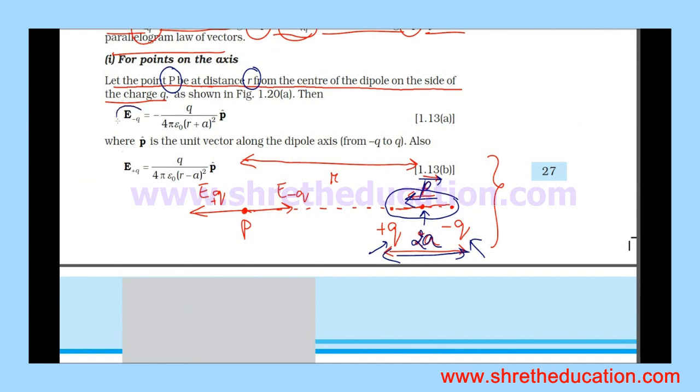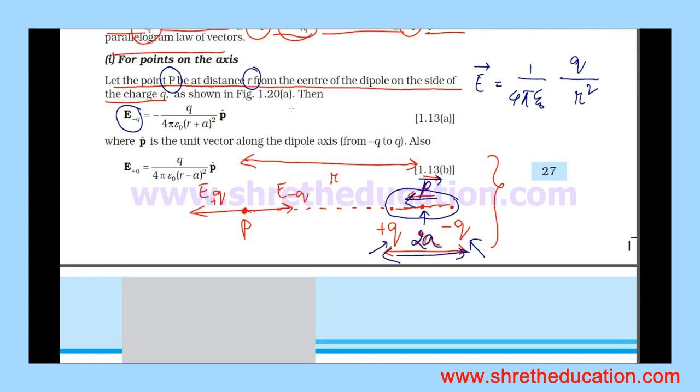Then E minus q, the electric field due to minus q, uses the electric field formula 1 by 4 pi epsilon naught q by r square.